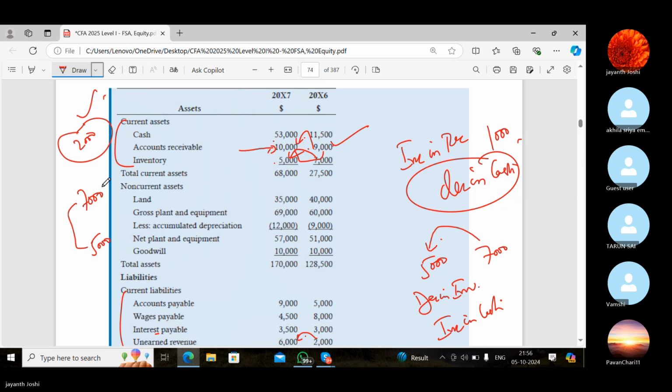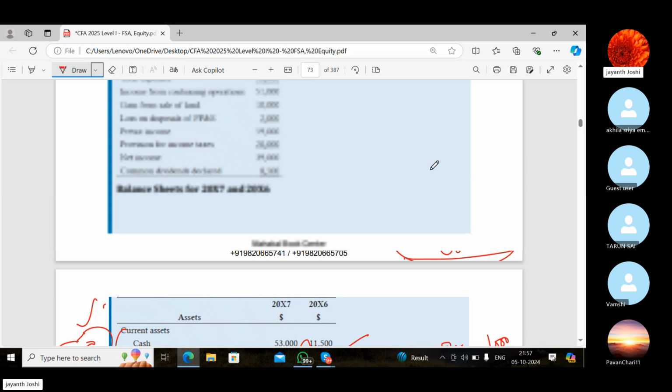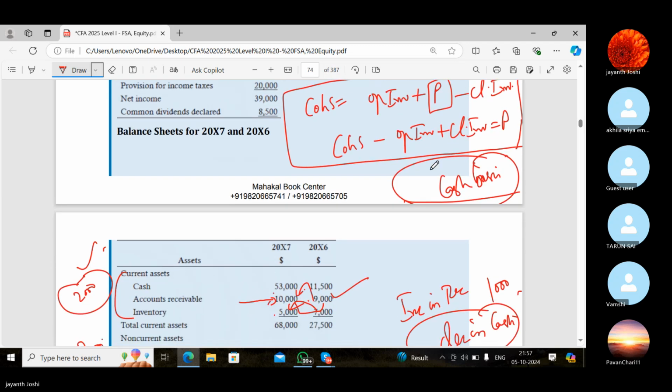So opening inventory, purchases, we have put in the formula, right? Let's check. Opening inventory plus purchases minus closing inventory is COGS, which is 40,000, right? Yes. In this way also we can calculate the purchase figure.